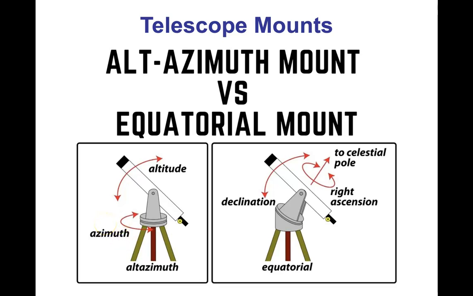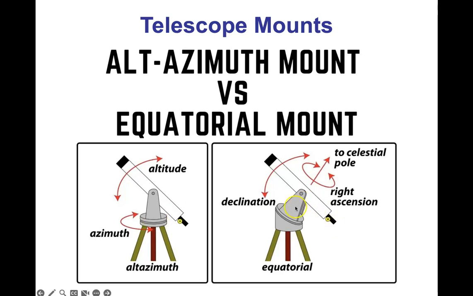So essentially an alt-az mount is like a cannon, right? The telescope just moves up, down, left, right, and that way you're pointing at a point in the sky in altitude and azimuth, right? Nice, simple, easy to use, less expensive, great.